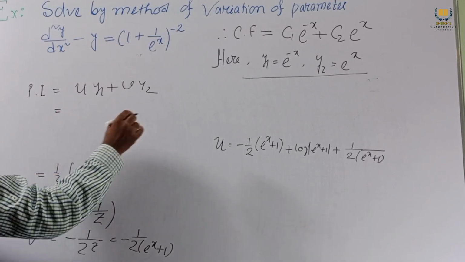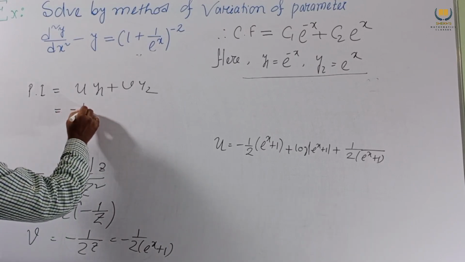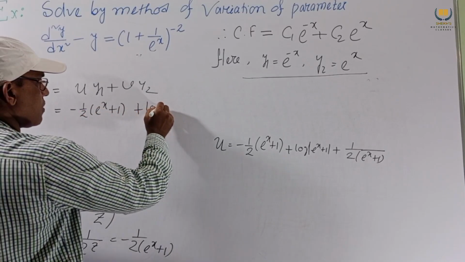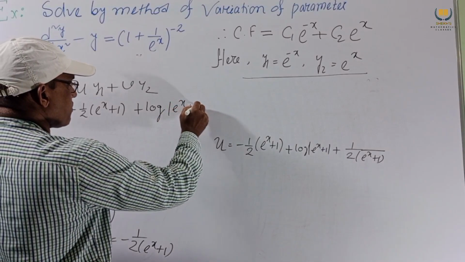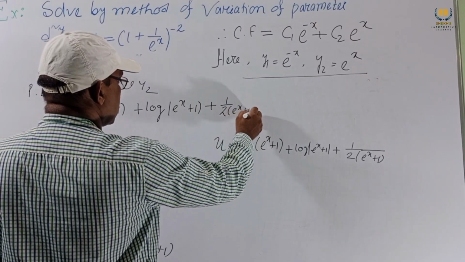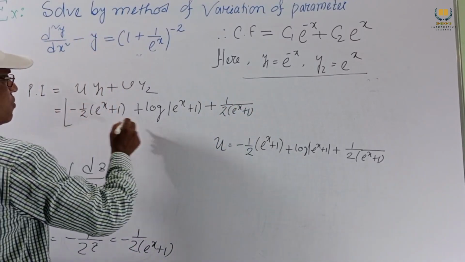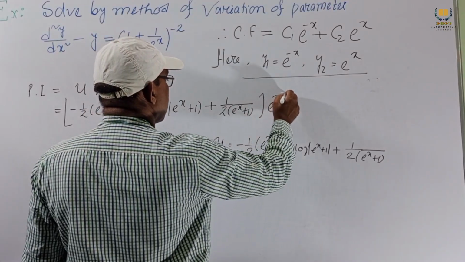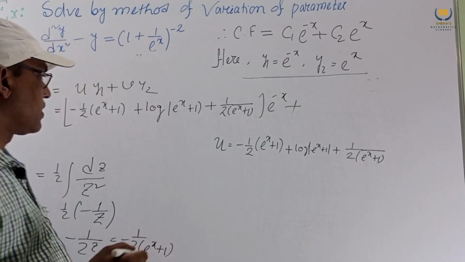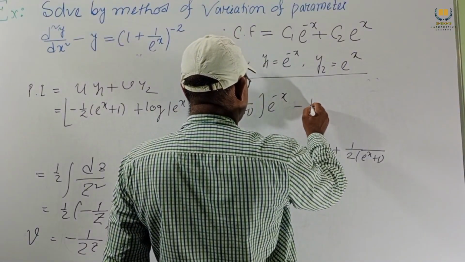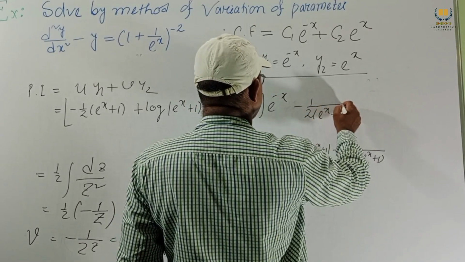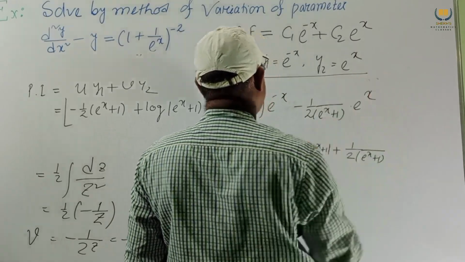Now the particular integral equals u y1 plus v y2. u means this one, minus 1 by 2 e to the power x plus 1 log modulus of e to the power x plus 1 by 2 e to the power x plus 1, into y1 means e to the power minus x, plus v y2. v means this one, minus 1 by 2 e to the power x plus 1, into y2, e to the power x.